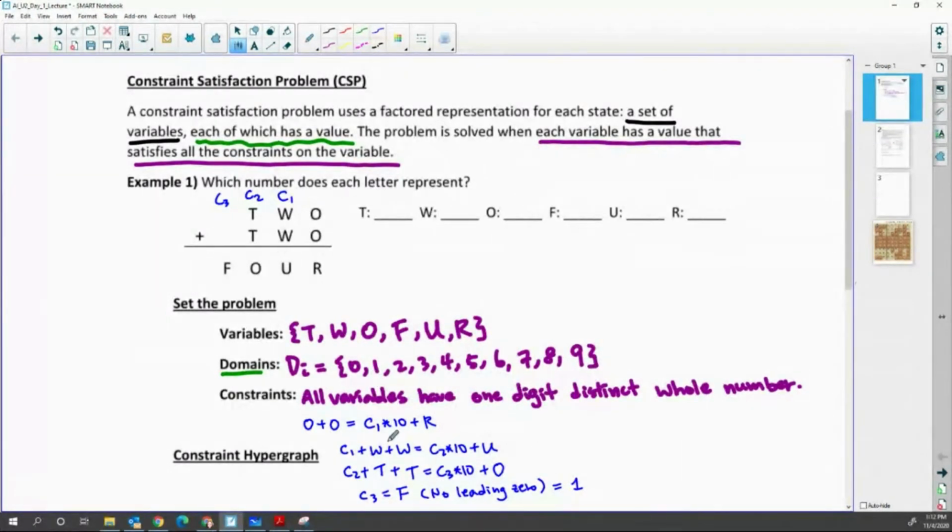So these are all the constraints. And also, all variables have one distinct digit, whole number.